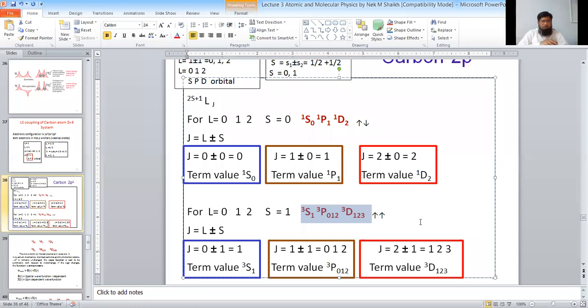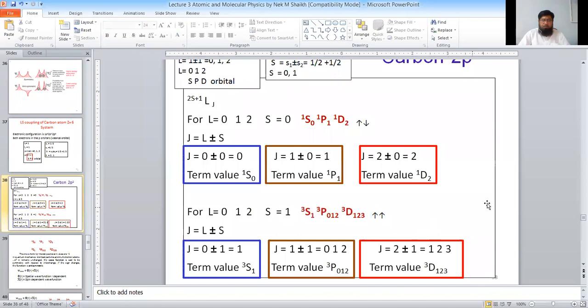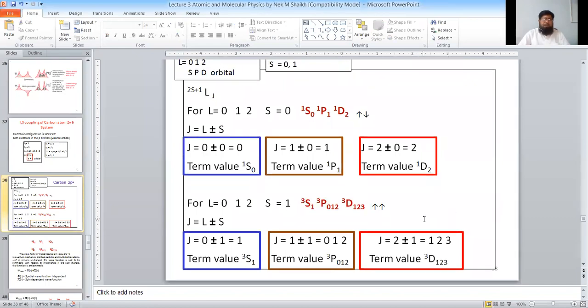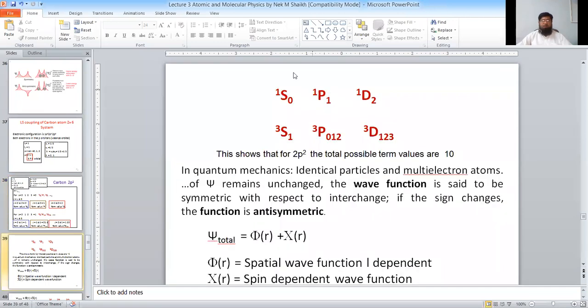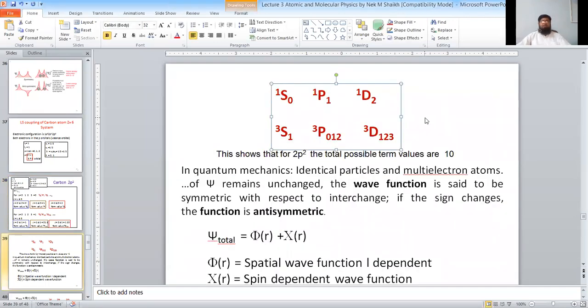So now we are looking at the term value. This is the J for this, this is the J for this, this is the J for this. Clear?